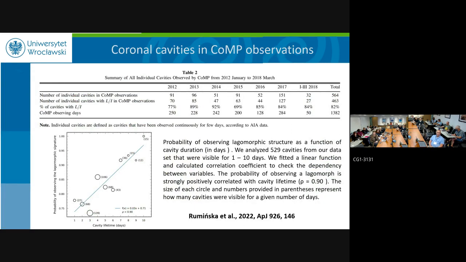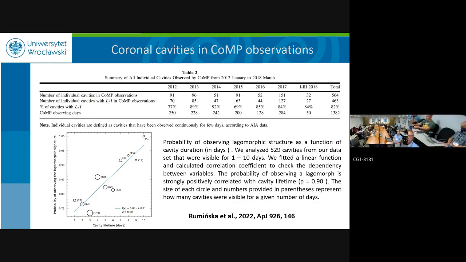So my student analyzed the whole CoMP data between 2012 and 2018. All the data we could find, she analyzed, and she tried to find as many lagomorphic structures as possible.